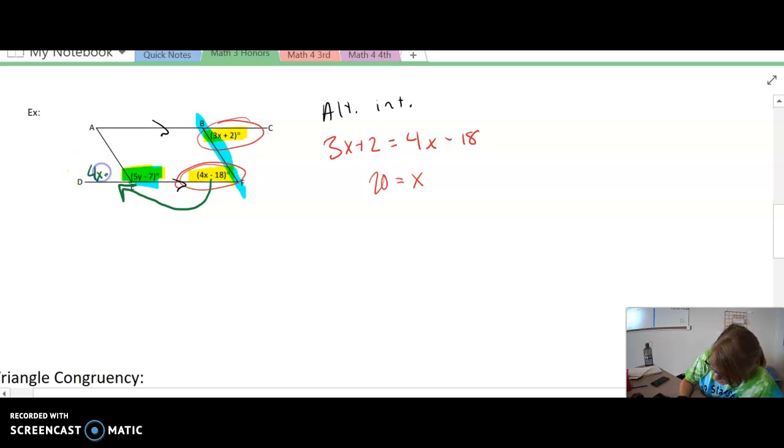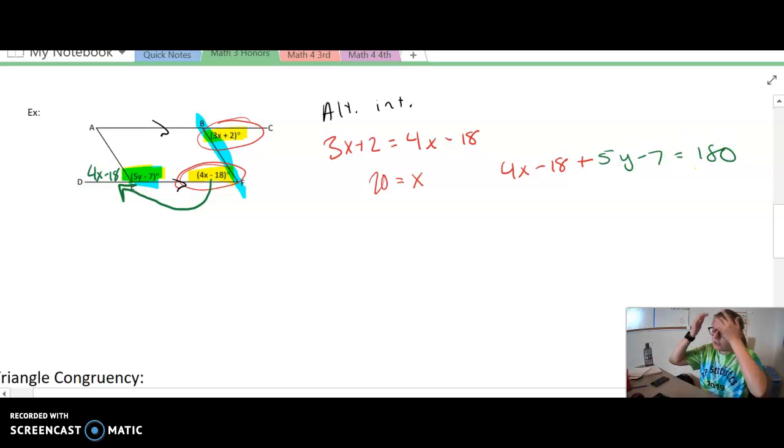So we now have 4x minus 18 on that side and then 5y minus 7. Well, what did I say about linear pairs? Linear pairs are going to be sitting on that line, so they're going to add to 180. So now we can say that 4x minus 18 plus 5y minus 7 is going to equal 180.